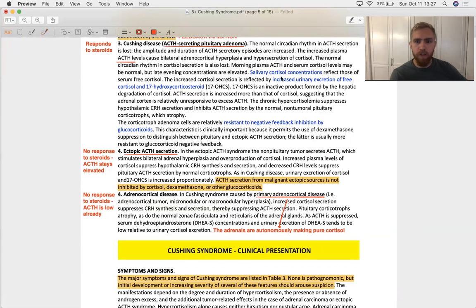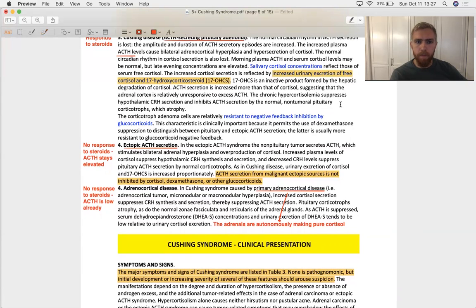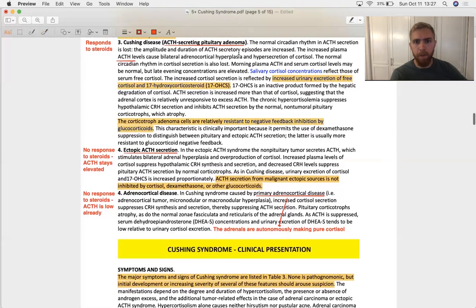You'll see some cortisol metabolites in the urine. And what's important for you to know right now as a medical student is that this pituitary tumor is resistant to negative feedback inhibition by glucocorticoids, because it's always on.